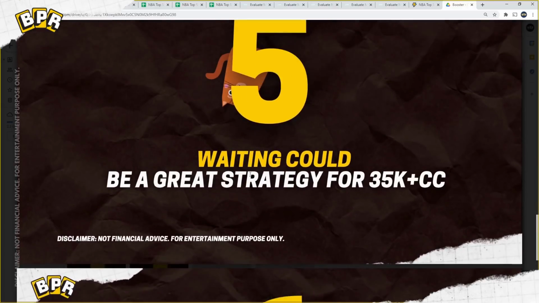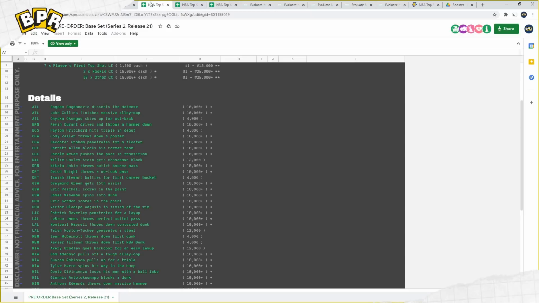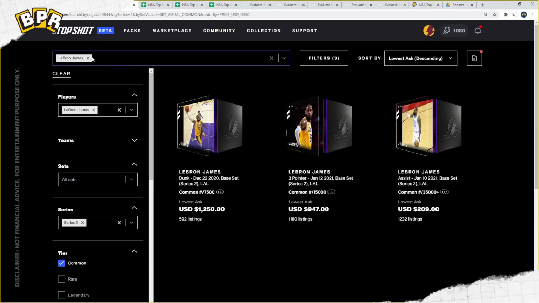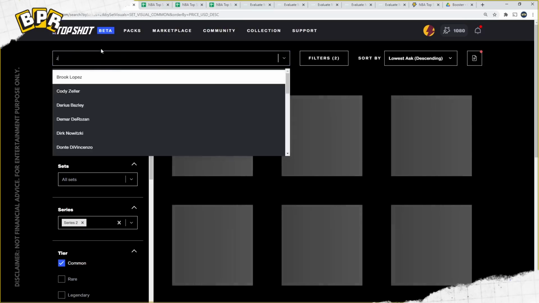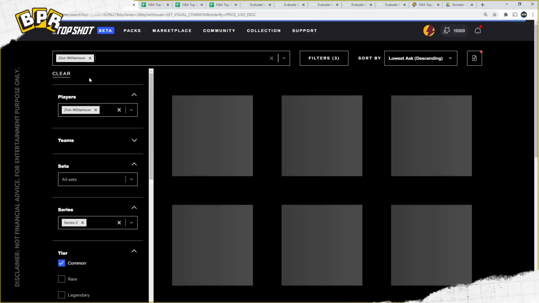So yeah, like I said, LeBron James is a good example, and there's a lot more players out there that haven't been fully listed out there. So let's take an example at this spreadsheet here. Let's look at Zion actually. So I'm just searching up popular players right now, just focus on those ones.